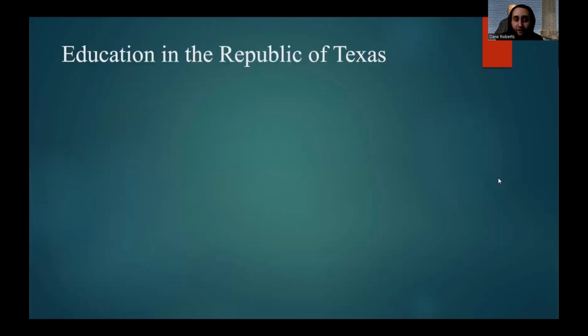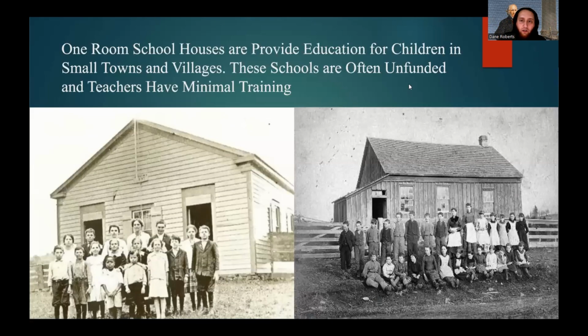Now, this brings us to our next section, education in the Republic of Texas. So generally, the education provided to children in the Republic of Texas came in the form of one-room schoolhouses in small towns and villages, with these schools often being unfunded and teachers having minimal, if any, training at all.